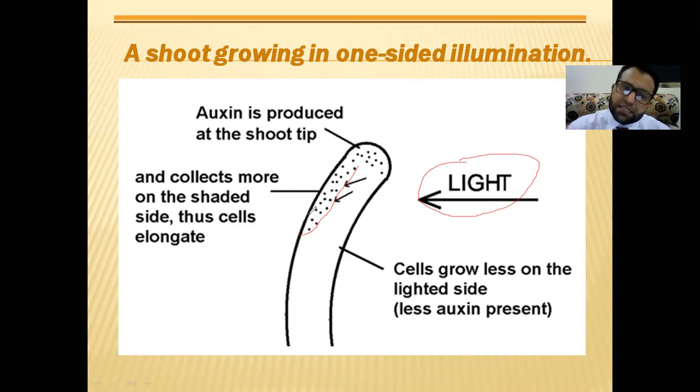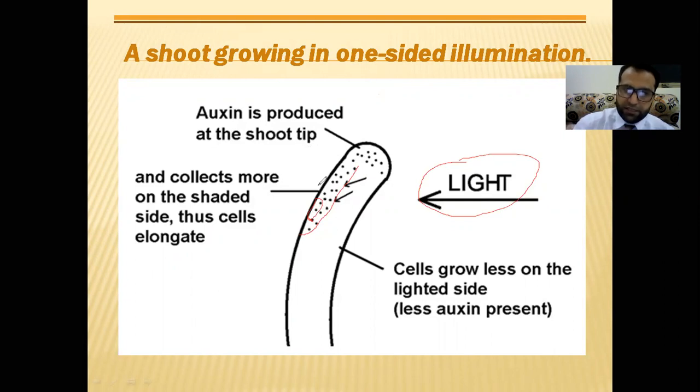So the cells on the shaded side will elongate more as compared to the side that is toward the light. So it means auxin has an effect on the cells on the shaded area.